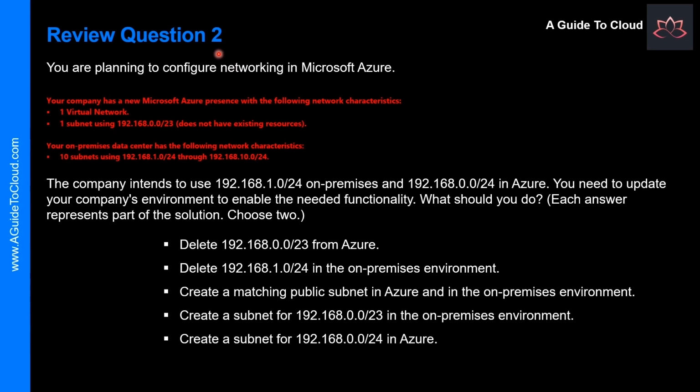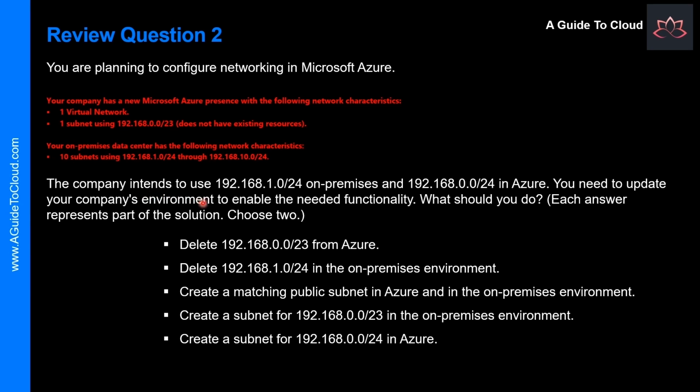Let's look at question number 2. You're planning to configure networking in Microsoft Azure. Your company has a new Microsoft Azure presence with the following network characteristics: one virtual network and one subnet using an IP range, and it does not have any existing resources. Your on-premises data center has the following network characteristics: 10 subnets using the same network range.